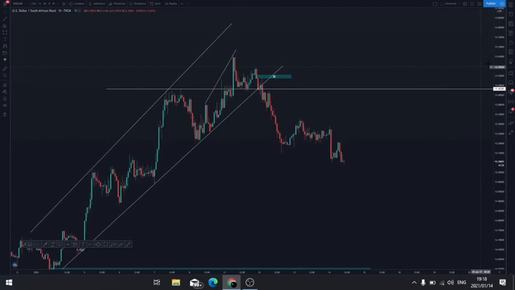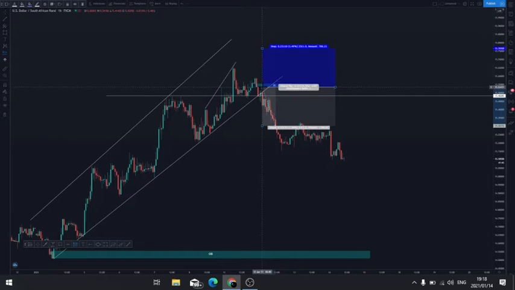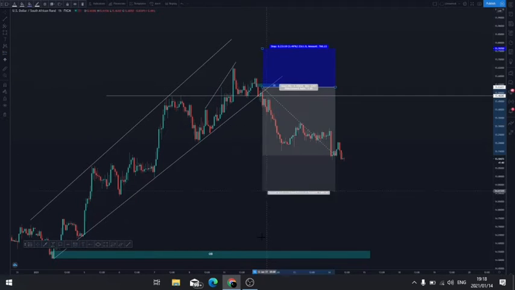As retail traders, we would have placed our order right from that imbalance, from over here, and our take profit being at least over here.